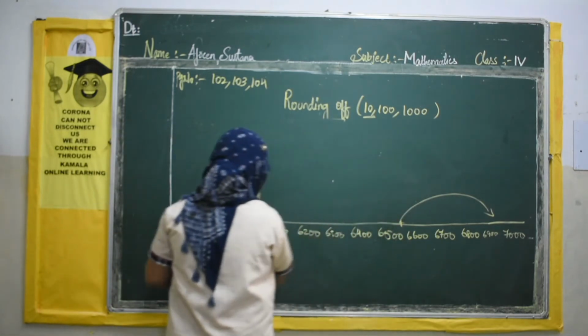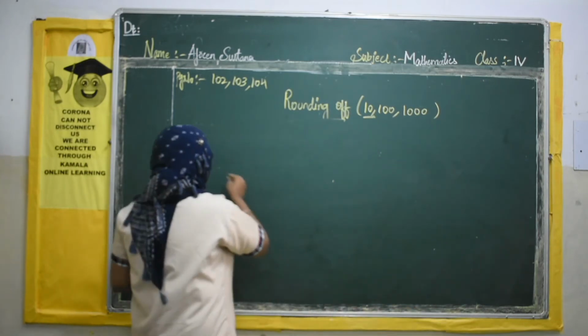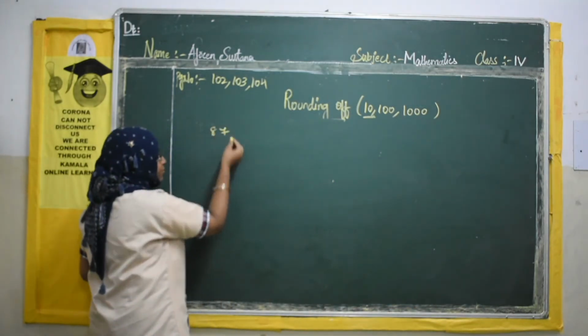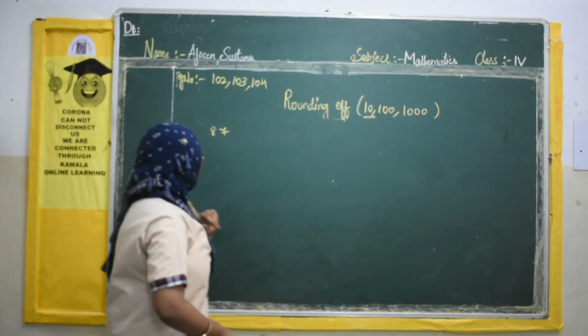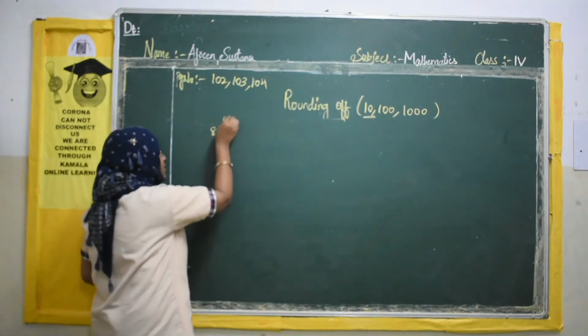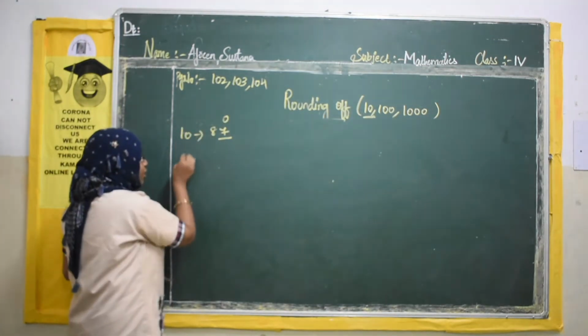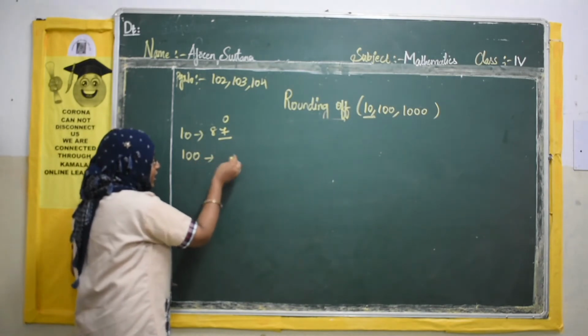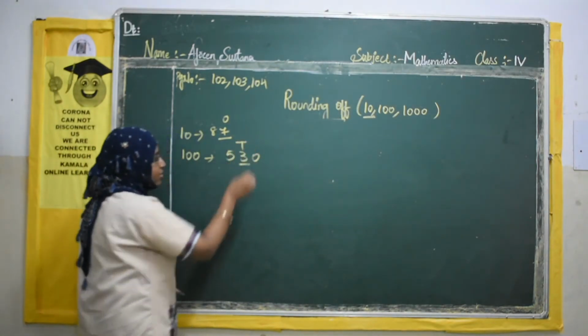Okay, let us see here. Take 87: when rounding off to tens, we will consider the digit at the ones place. Rounding off to 100 means we will consider the digit at the tens place.